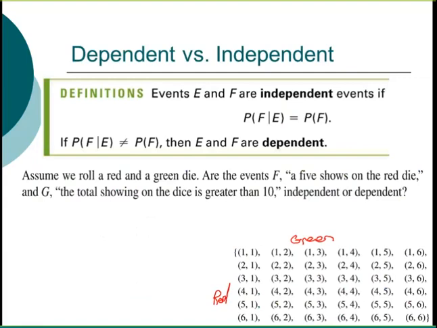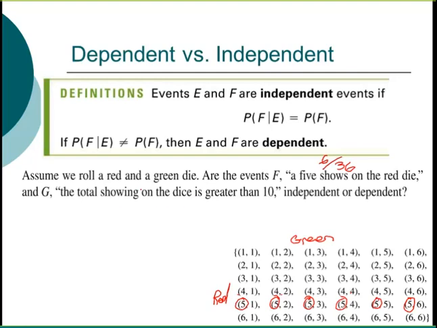Here's the 5 showing up on all the red die. What's the odds of this happening? 5 showing up on the red die, there's 1, 2, 3, 4, 5, 6 different ways for that to happen out of the 36 different ways to roll the dice.